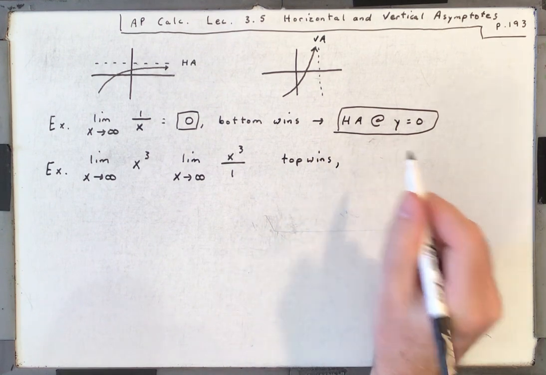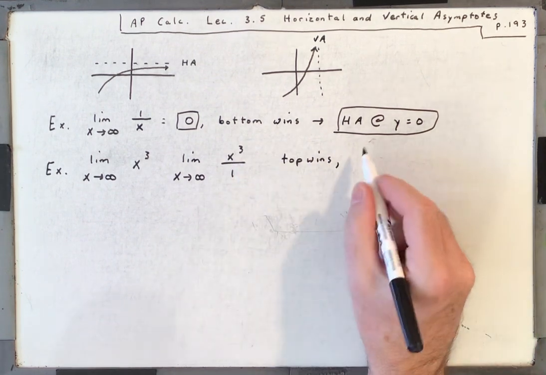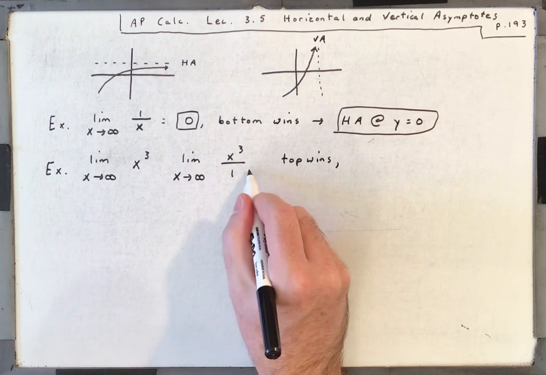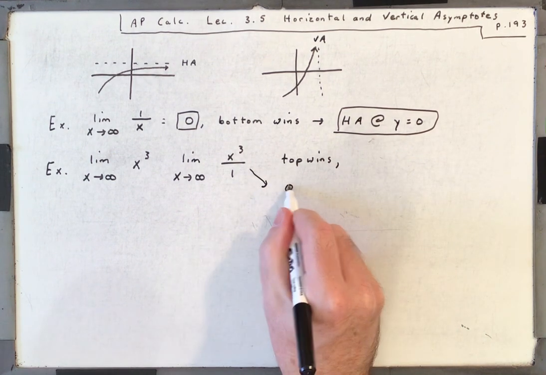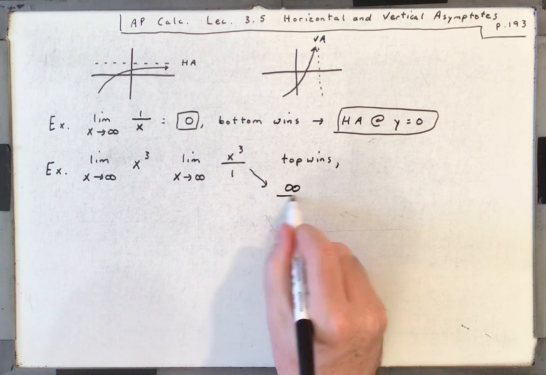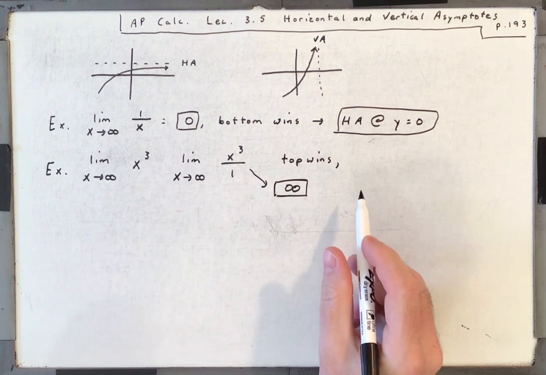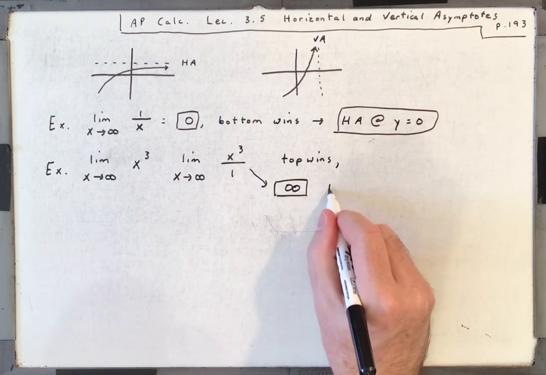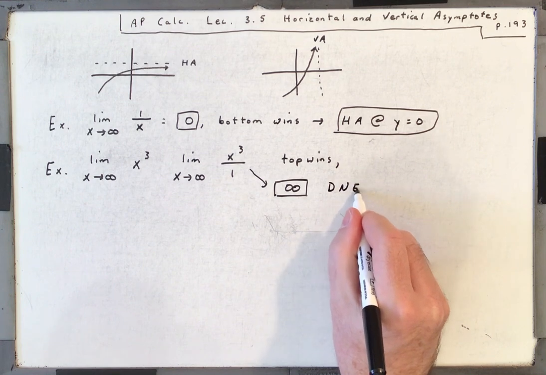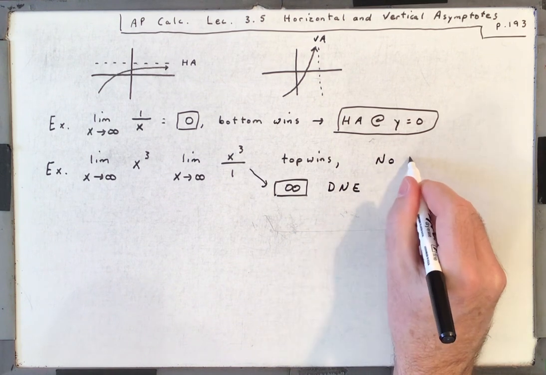So this limit is infinity. The limit is infinity, which just means it does not exist. So there is no horizontal asymptote.